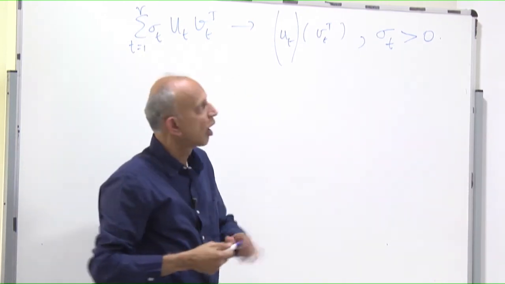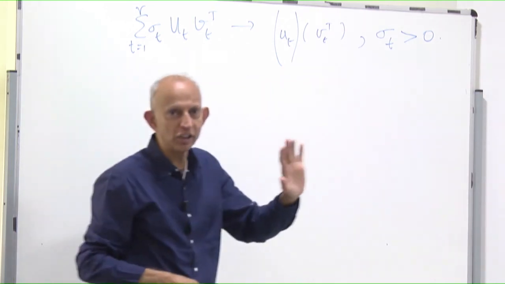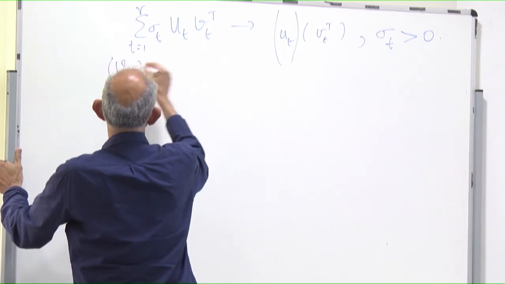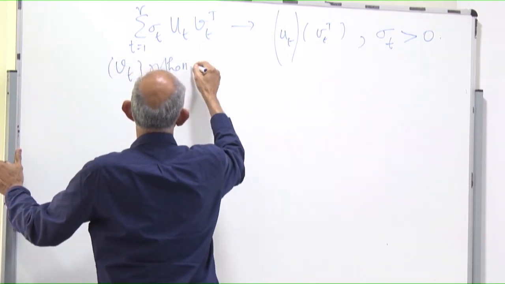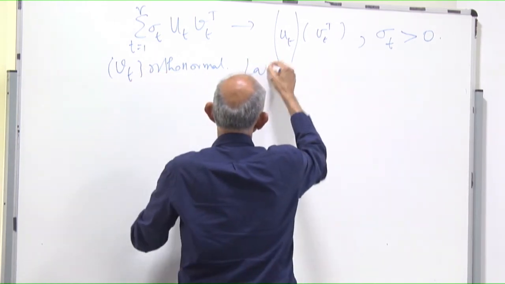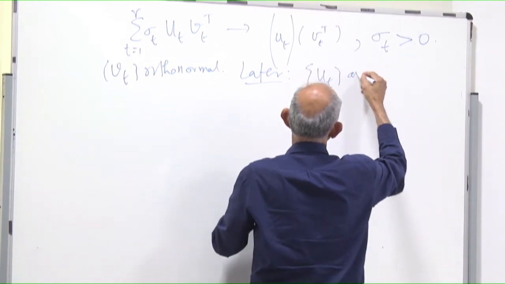Now, on this slide I want to illustrate lots of uses of just the fact that the v_t are orthonormal. That's what I will assume, but later we'll show that the u_t are orthonormal too.